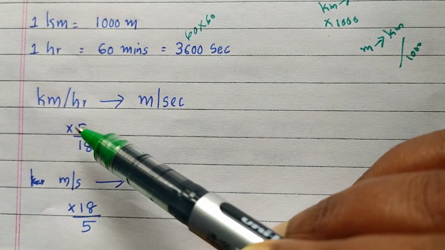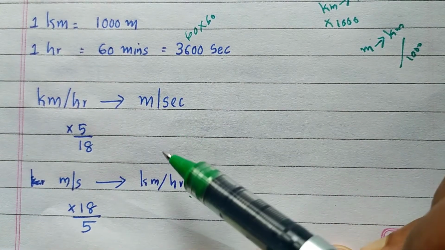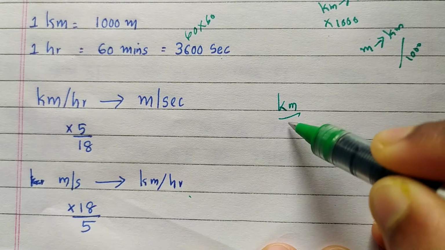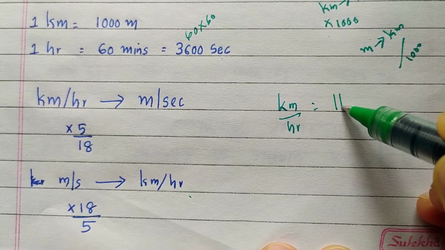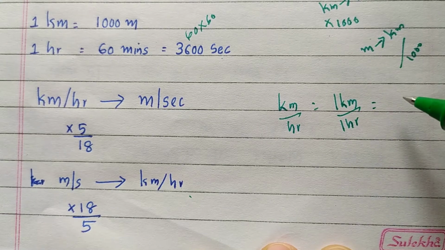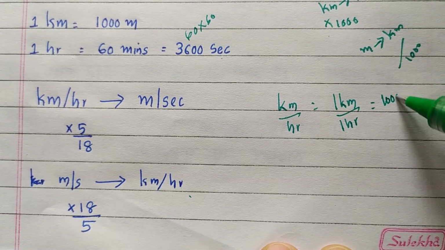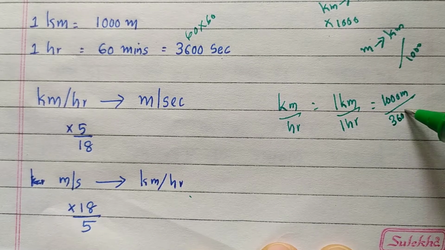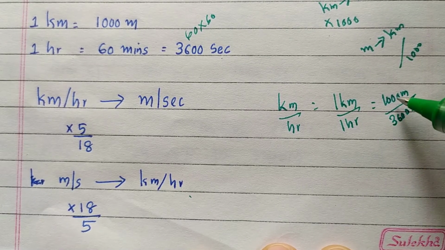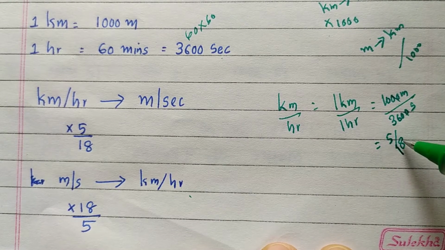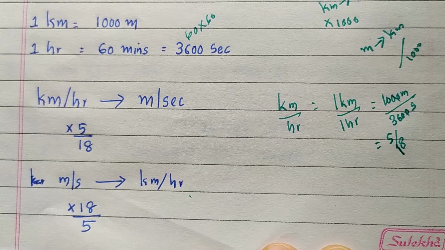So how to convert kilometer per hour into meter per second? Kilometer per hour means 1 kilometer per 1 hour. So 1 kilometer is what? 1000 meters. 1 hour is equal to 3600 seconds. So we will get it as 5 by 18.